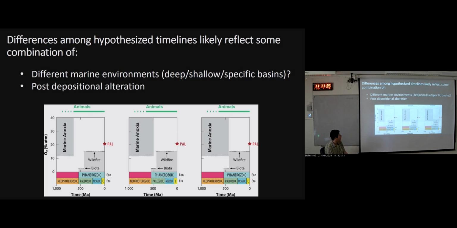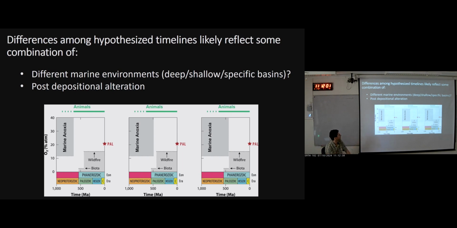And the reasons for these different reconstructions must come from some combination of either these proxies recording different environments in the ocean, in an ocean that is very dynamic with respect to how much oxygen is in there. We can have one shallow marine environment that is nearly anoxic, and another one that is oxic existing at the same time.